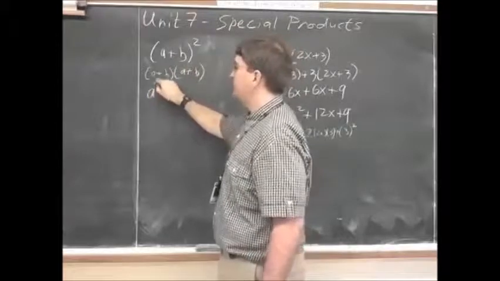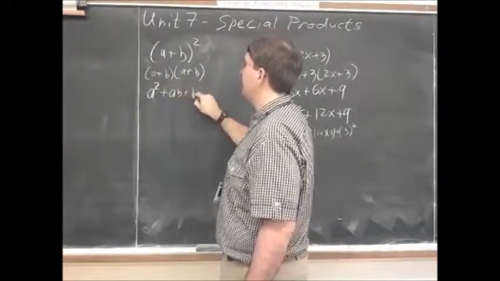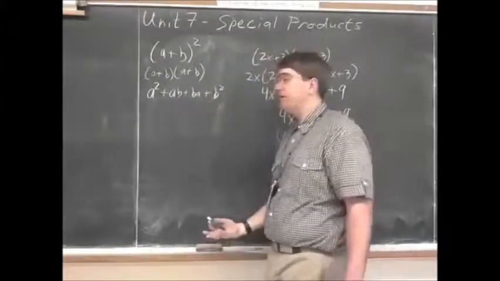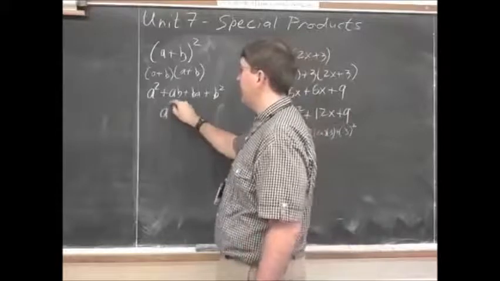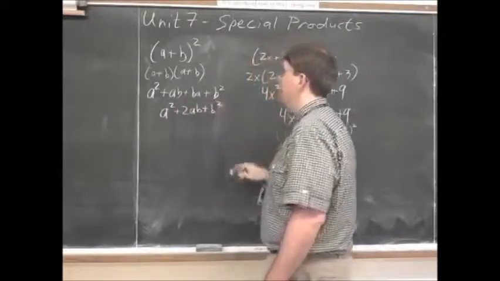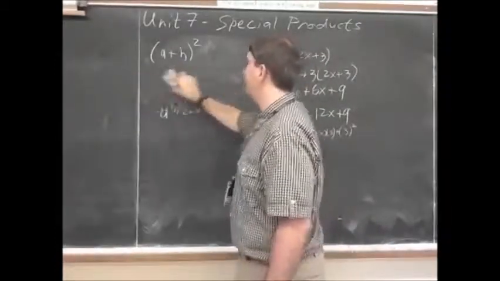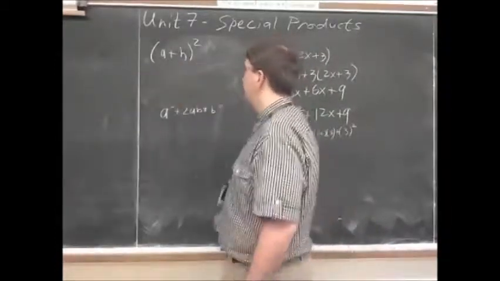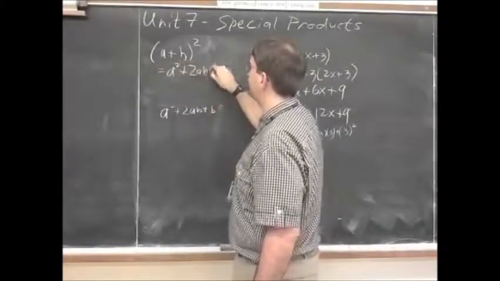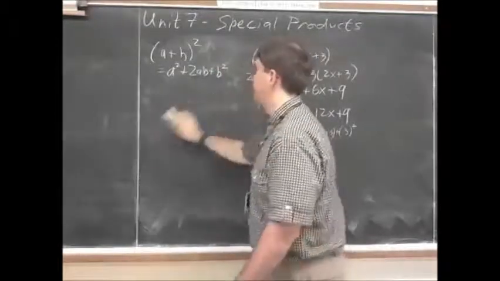That gives me a squared plus ab plus ba plus b squared. Keep in mind that ba is the same thing as ab, so that gives me a squared plus 2ab plus b squared. This pattern, a plus b squared equals a squared plus 2ab plus b squared, is one of the patterns that you should be able to recognize.